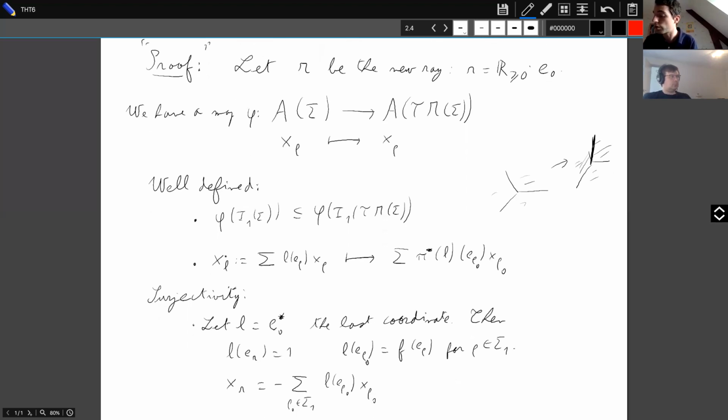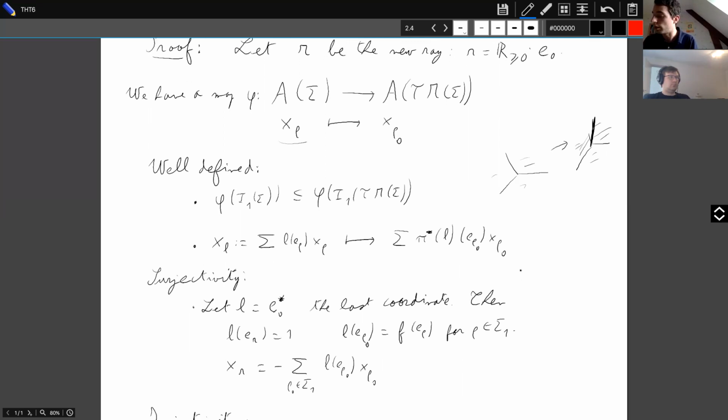And so to each variable, I can just associate the corresponding variable x rho 0. And so it's quite clear that it is well defined because non-faces of sigma are mapped to non-faces of the tropical modification. And if you have a linear map, it gives you an element in E2, but you can just take the pullback of the linear map by the projection.